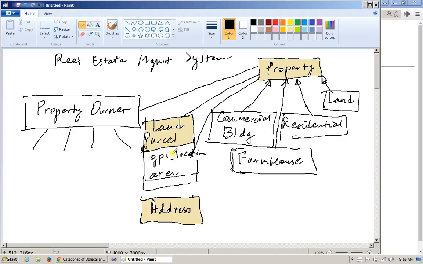So I just kind of elaborated on these two to give you an example that very likely the parcel of land and the address are entity objects, right?